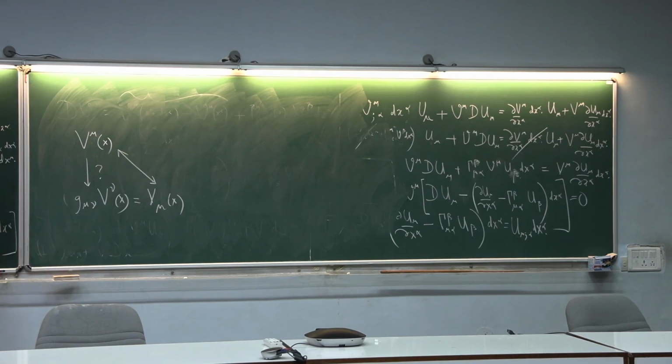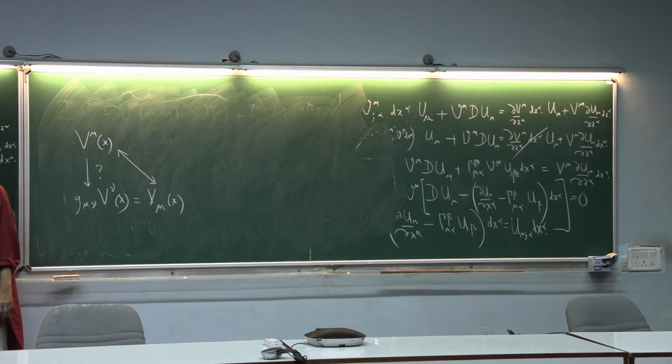If I have a metric, I can find the geometric, invariant distance between two events, ds squared equals g mu nu dx mu dx nu. Another purpose the metric serves is that, given any contravariant vector field, I can get its corresponding covariant vector field by contracting with the metric tensor.